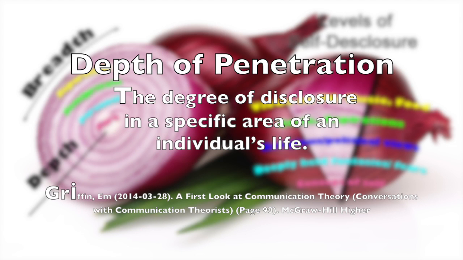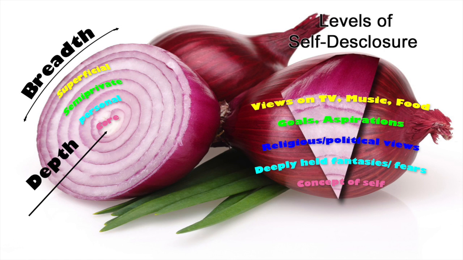In a sense, this means how many layers you've unpeeled in a person's personality, and how deep you have gotten in a conversation with them. You can talk about sports all day long, but you won't ever get to the actual essence of a person, which is what depth of penetration means.